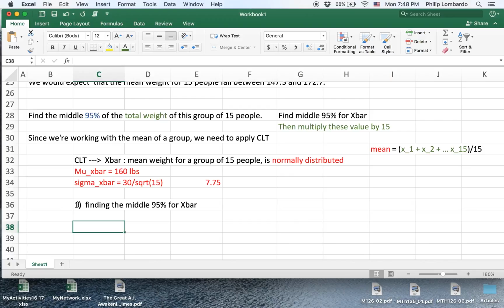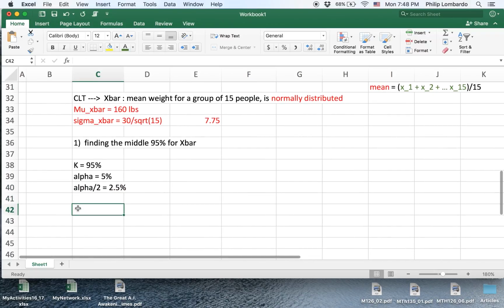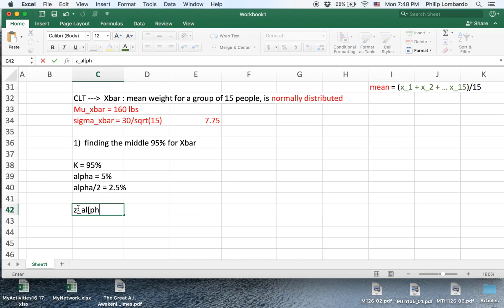Okay, so our K in this case is 95%, which means our alpha is equal to 5%, which means alpha over 2 is equal to 2.5%. All right, now z alpha over 2 is going to be the z-score with an area of 1 minus 2.5% to the left.